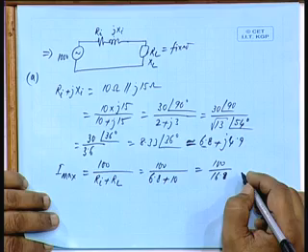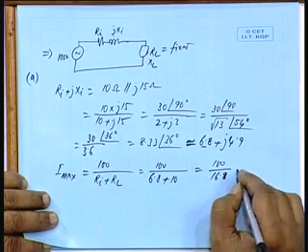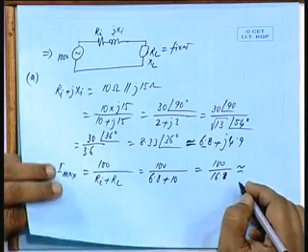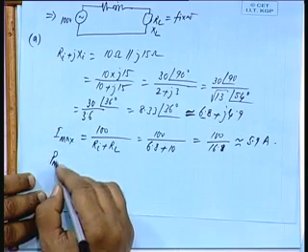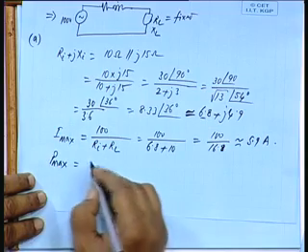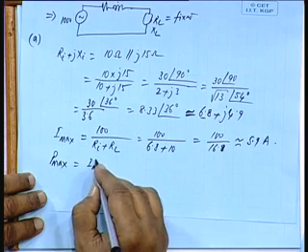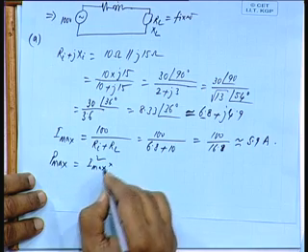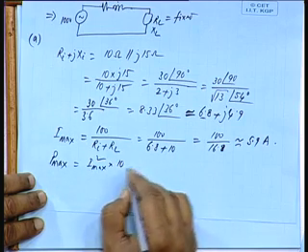100 by 16.8 is how much? 1.66 approximately 6, so it will be close to 6, say 5.9 amperes. So, P max will be I max squared into RL, and RL is 10.